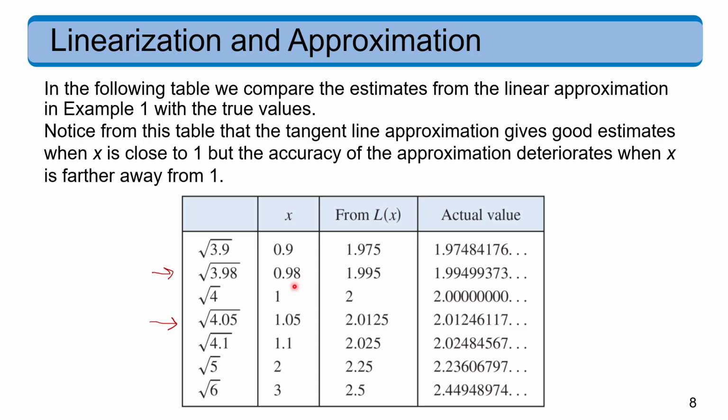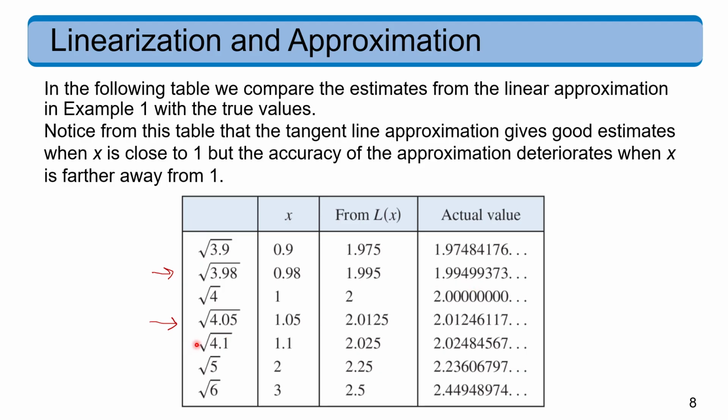And this was the approximation we got by plugging this x-coordinate into our function L of x. The actual value we had to round off because the decimal continues, but we wrote more decimals, right? If you were to plug 0.98 into f of x instead of L of x, you would get this. And so you can see how close our approximation was. We just didn't have as many digits, basically.